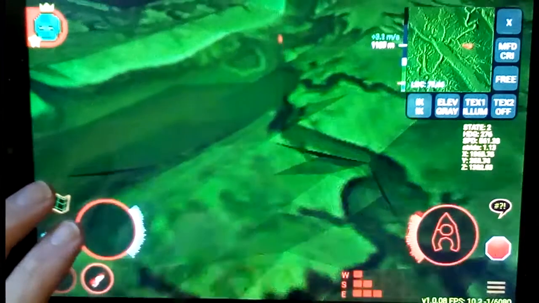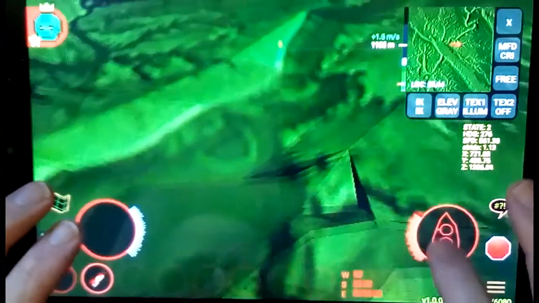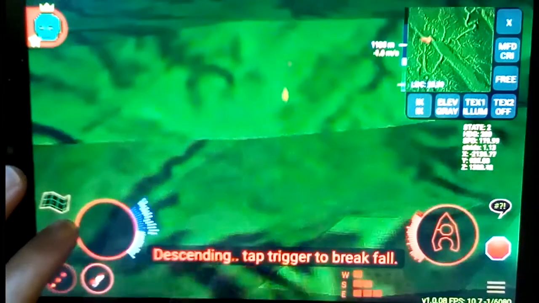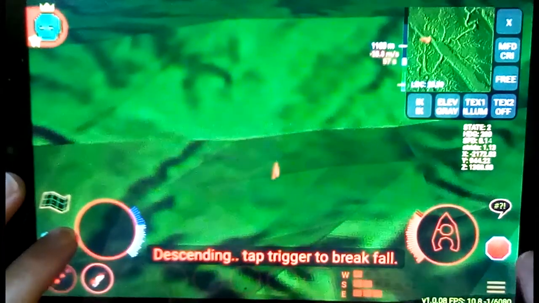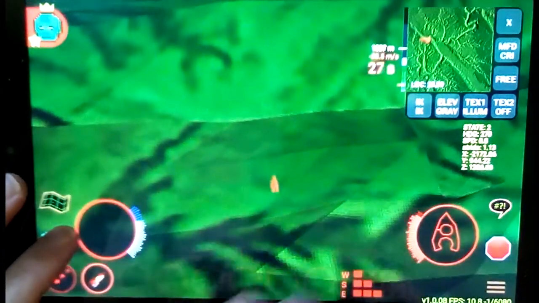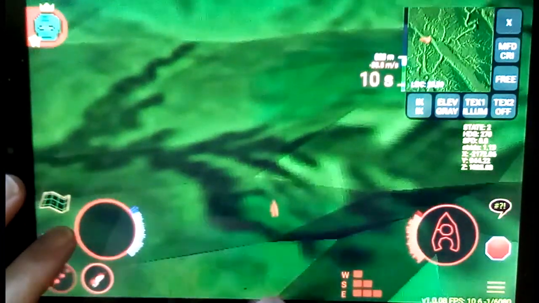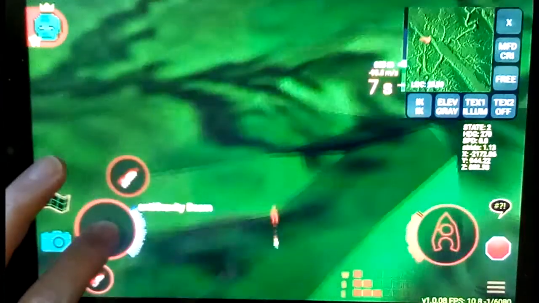And now I can slow down, stop, and when I hit stop, not only does it stop me, but it also turns off my gravity damper, and so basically it's my re-entry engine burn.